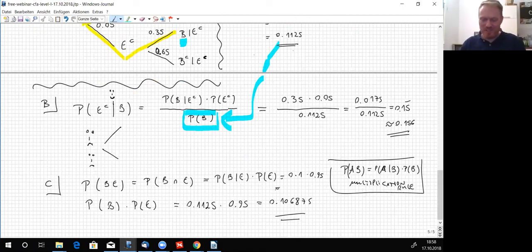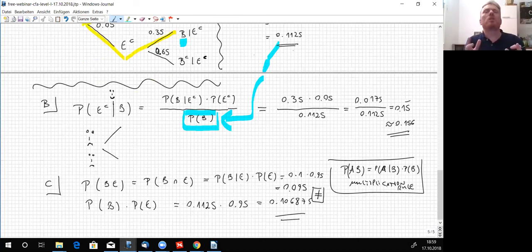Because the result of 0.1 times 0.95 is 0.095, which is not the same result. So they have to be unequal.